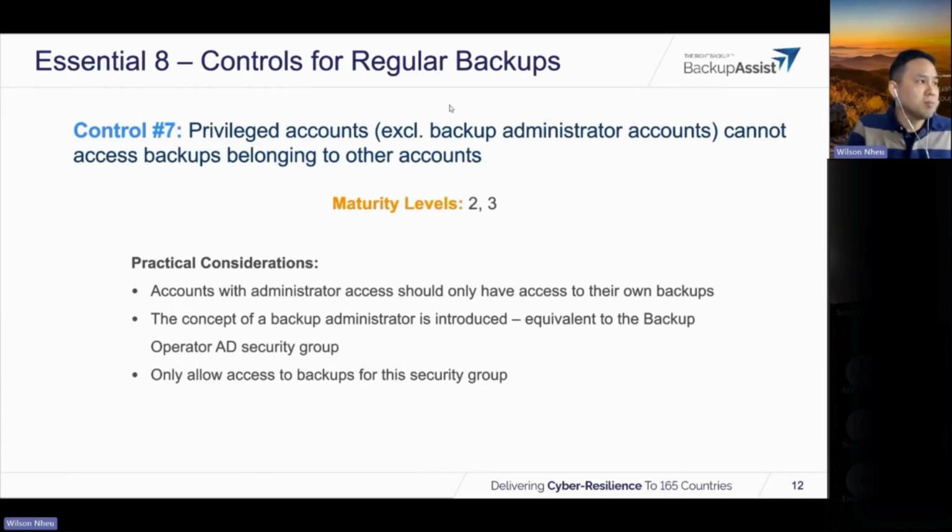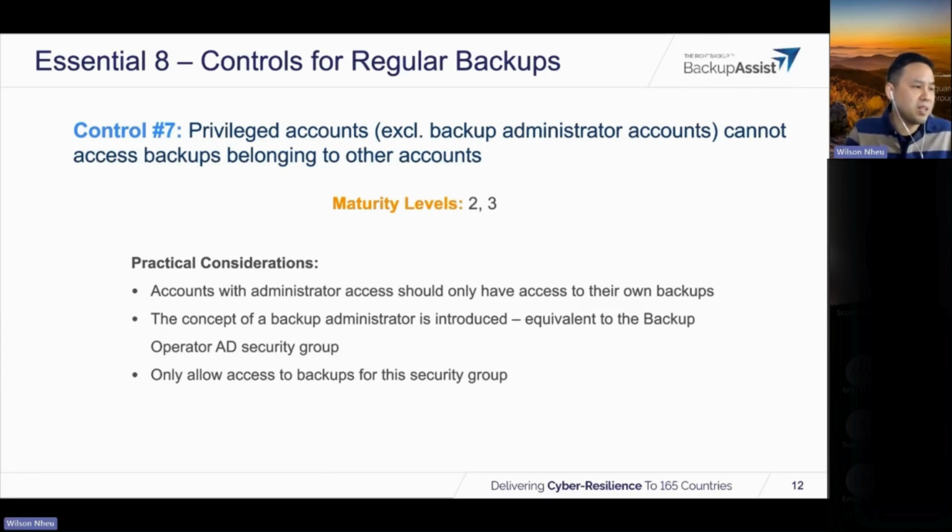Control number 7 says that privileged accounts, excluding backup administrators, cannot access backups belonging to other accounts. So accounts with administrative access should only have access to their own backups.